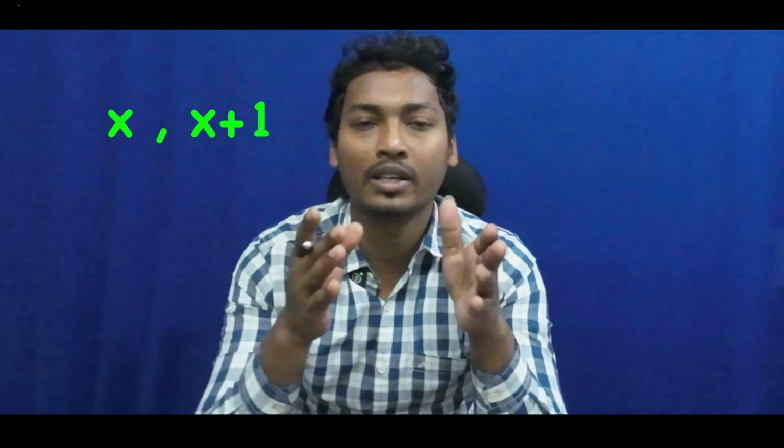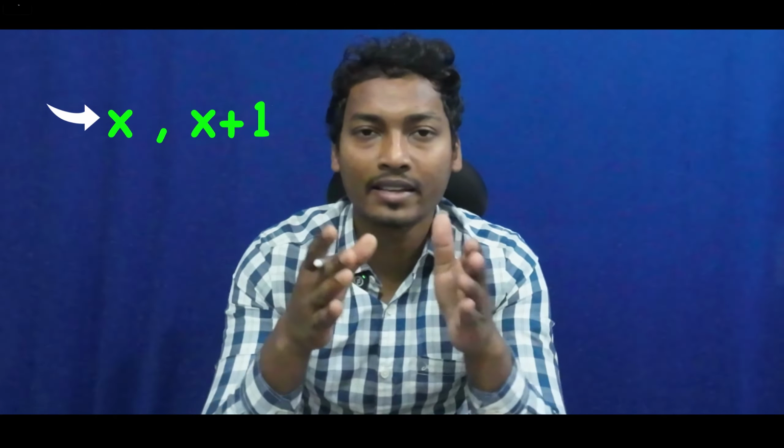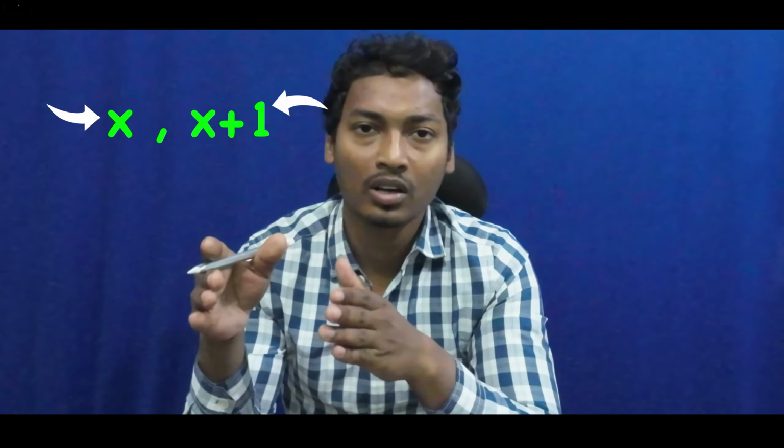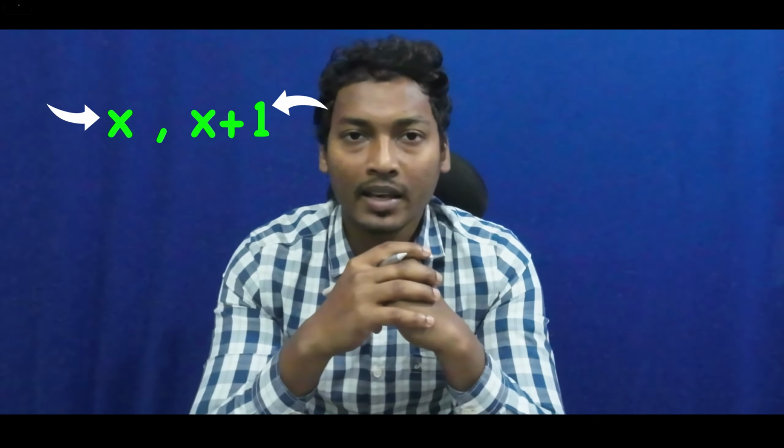So similarly here we don't know the consecutive integers. So let the first integer be x, and in order to get the next integer after that, we are going to add 1 to it. So the first integer will be x and the second integer will be x plus 1. Is that clear?